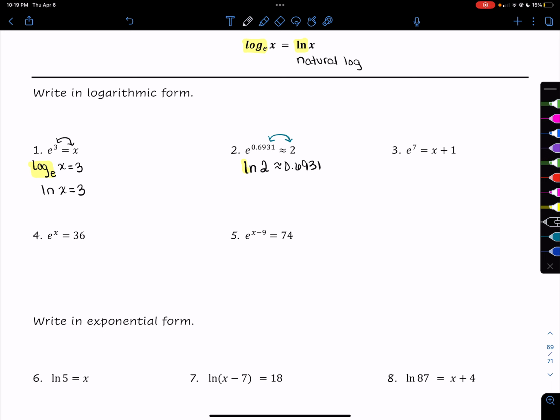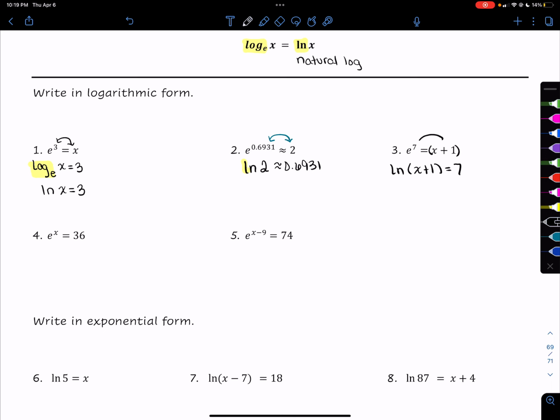All right, now for number 3, again, it has the base e, so I know I'm going to be using natural logs. The 7 and x plus 1, the argument and the exponent are going to be swapping places. So I have a natural log of x plus 1 equals 7.